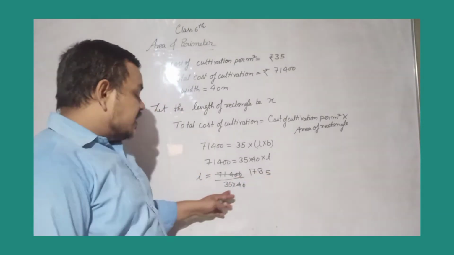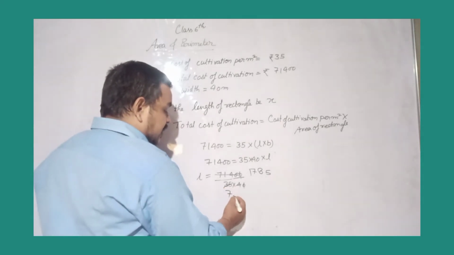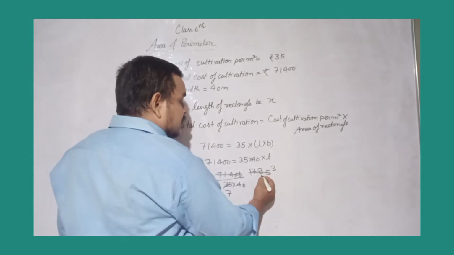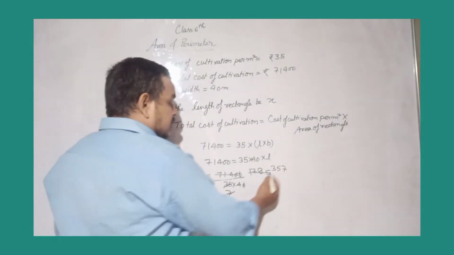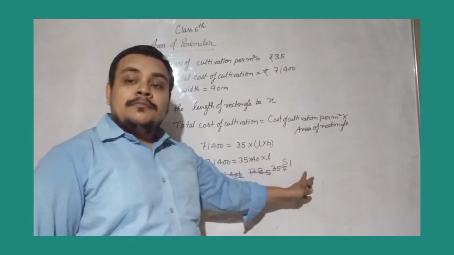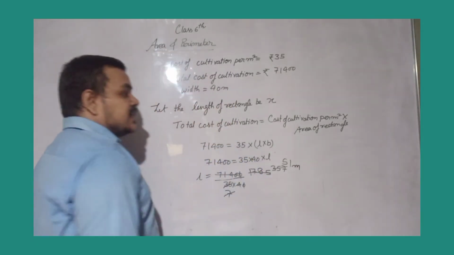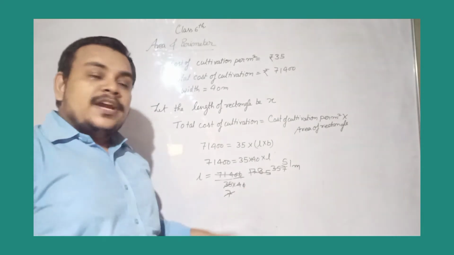Both numbers are divisible by 5. 5 7s are 35, 5 3s are 15, 5 5s are 25, 5 7s are 35. Now 7 5s are 35. The length became 51 meter, and it is telling us to find the perimeter of this rectangle.